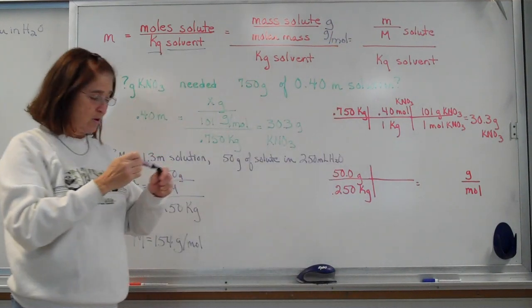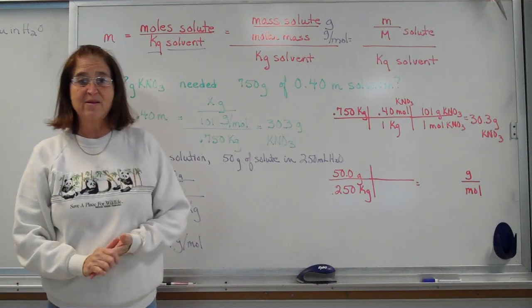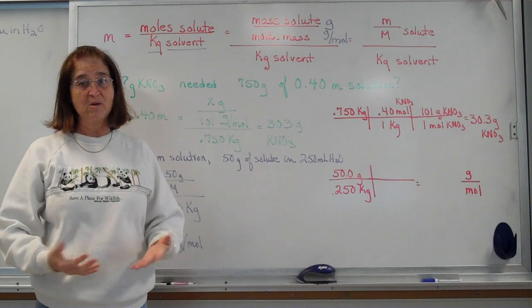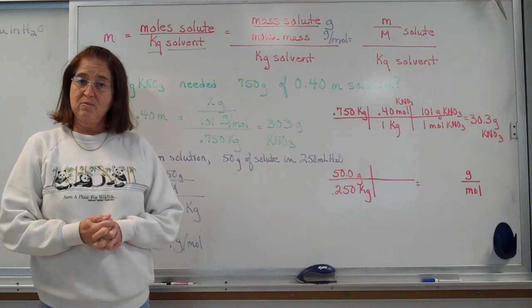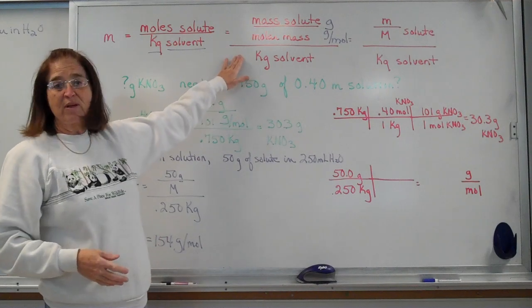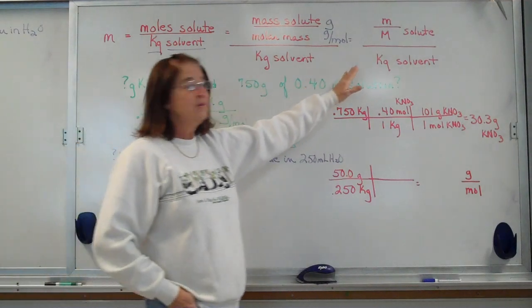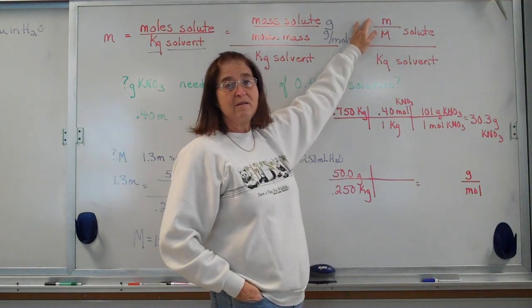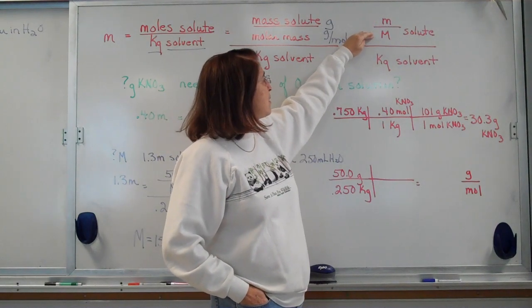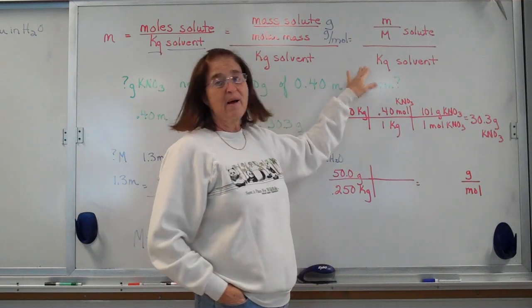So if you were to take mass and divide it by molar mass, you would come up with the number of moles of your solute, what you were dissolving. And then you would put that over kilograms of solvent. So I could simplify this to say mass divided by the molar mass of the solute, all divided by kilograms of solvent.